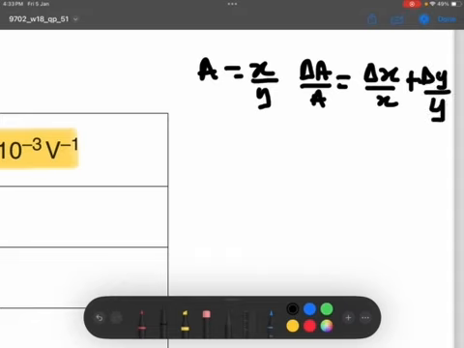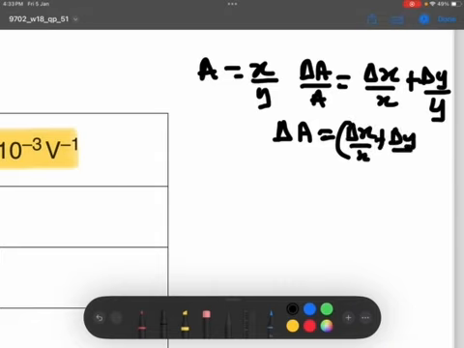Then after this, you can say delta a is equal to, in brackets, delta x over x plus delta y over y, multiplied by a. You're multiplying both sides by a, but you know already what a is in this case.